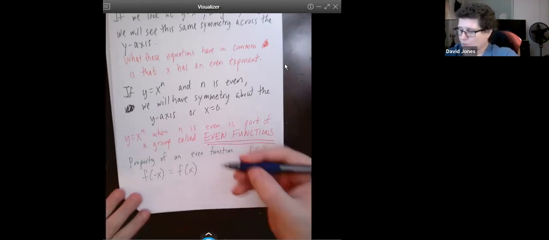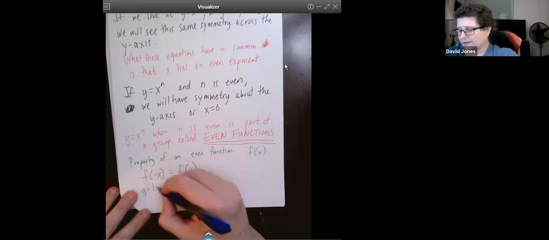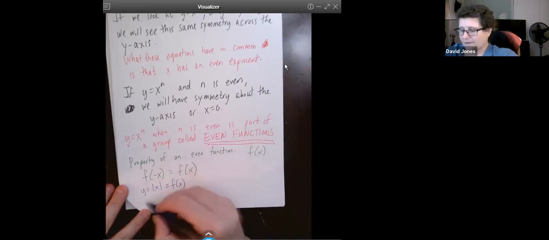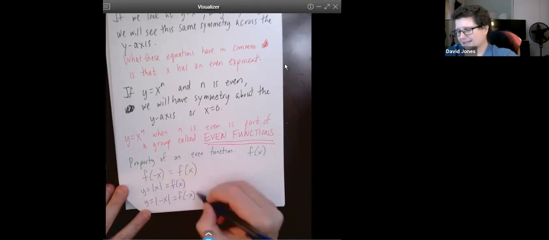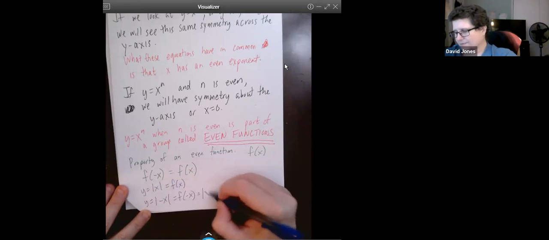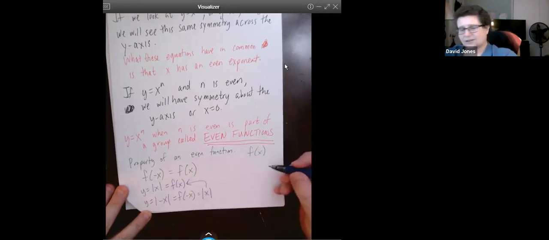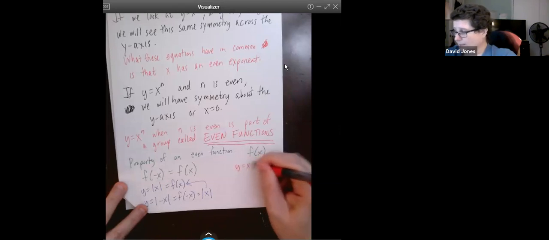Notice this worked when we had y equals the absolute value of x, which is f of x. If I stick in negative x, that's f of negative x. But the absolute value of negative x is the same thing as the absolute value of x, which is f of x. So f of negative x equals f of x. You can look at the same thing with y equals x squared.